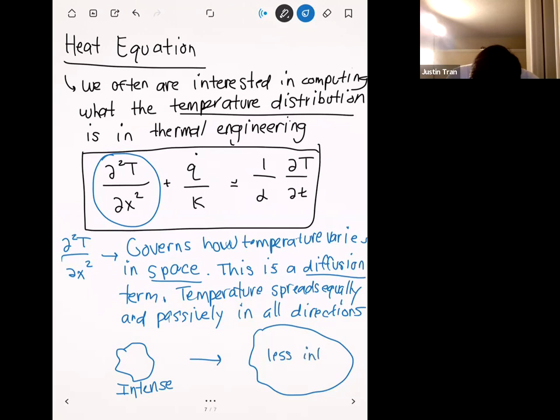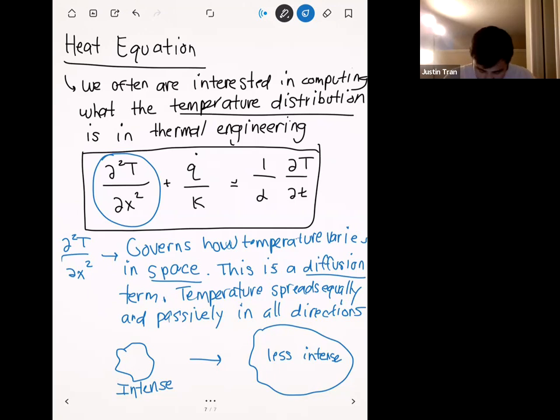So that smell covers more area, but it's less intense. This example illustrates exactly how diffusion works. Diffusion is a passive spreading of a material, with an associated lowering of intensity.